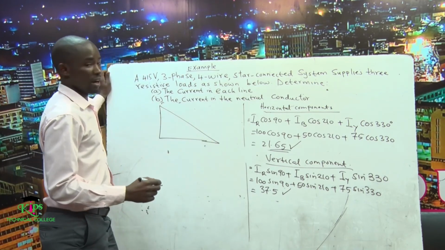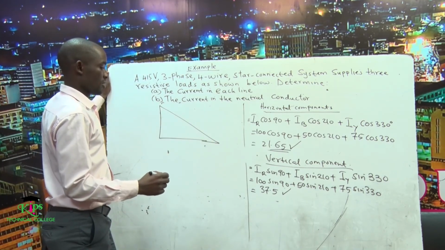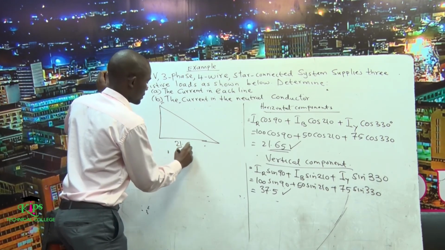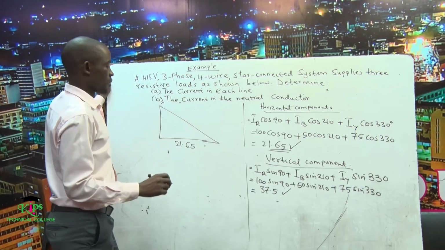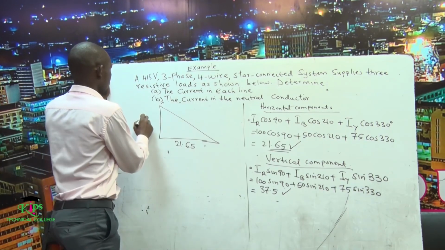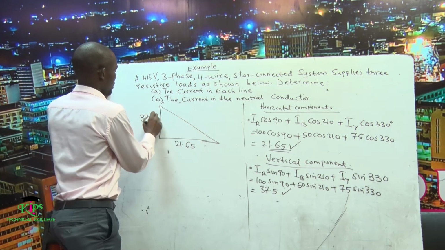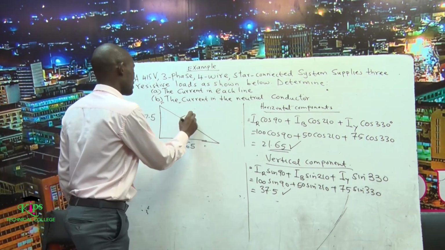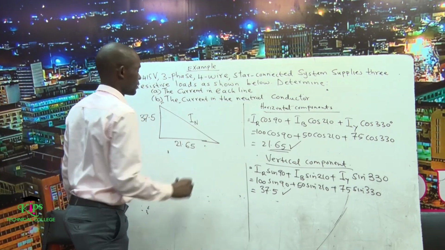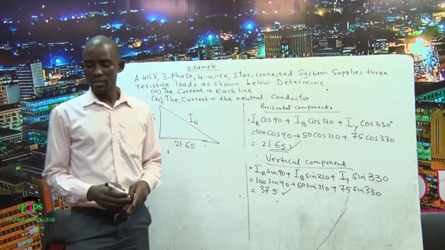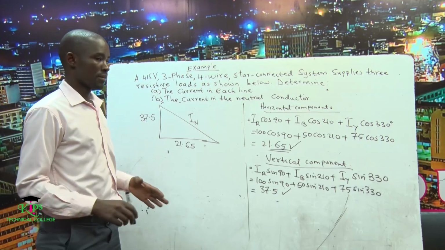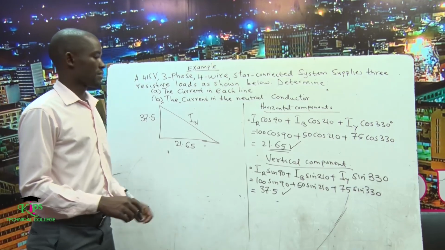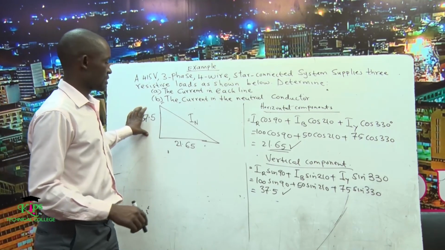And we say we're having our horizontal component which is 21.65. We're having a vertical component which is 37.5. So remember, our intention is to get IN, because IN is the phasor sum of the horizontal component and the vertical component.